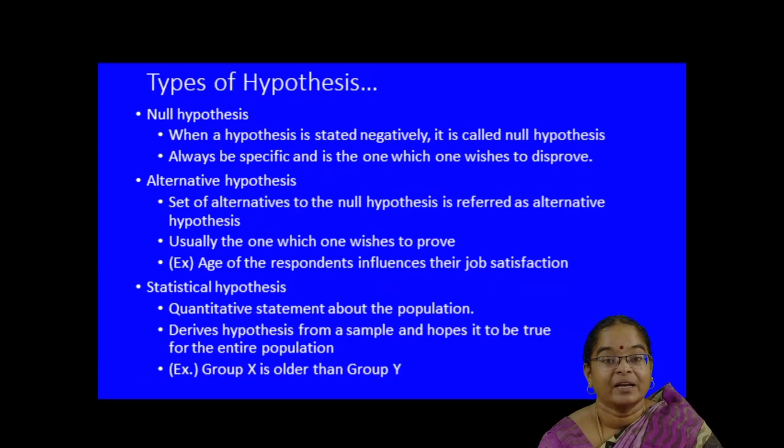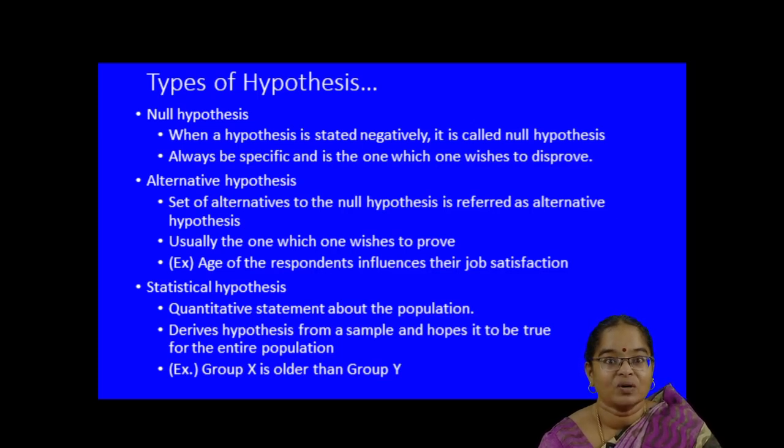The next one is the null hypothesis. 99% of researchers often use the null hypothesis in their research. When the hypothesis is stated negatively, it is known as the null hypothesis.